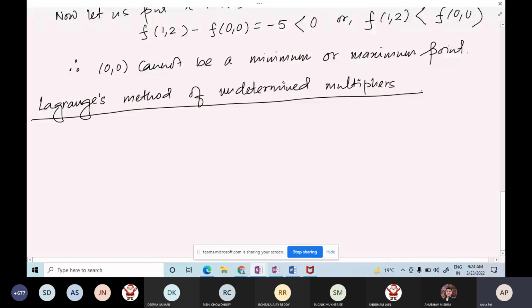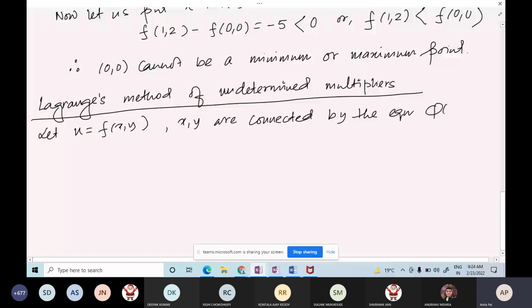Now here we are considering that u equals f(x, y) is a function of two variables x and y, which are connected by the equation phi(x, y) equal to 0.